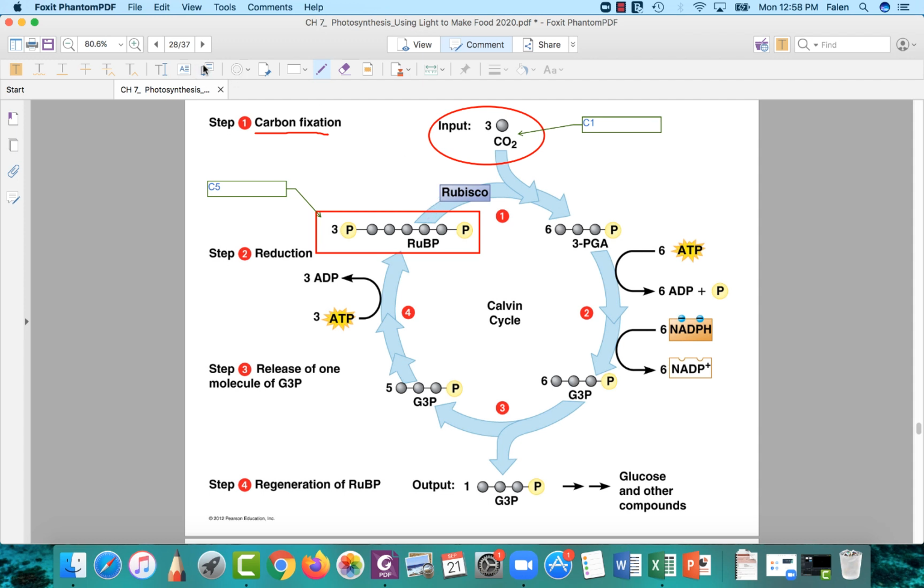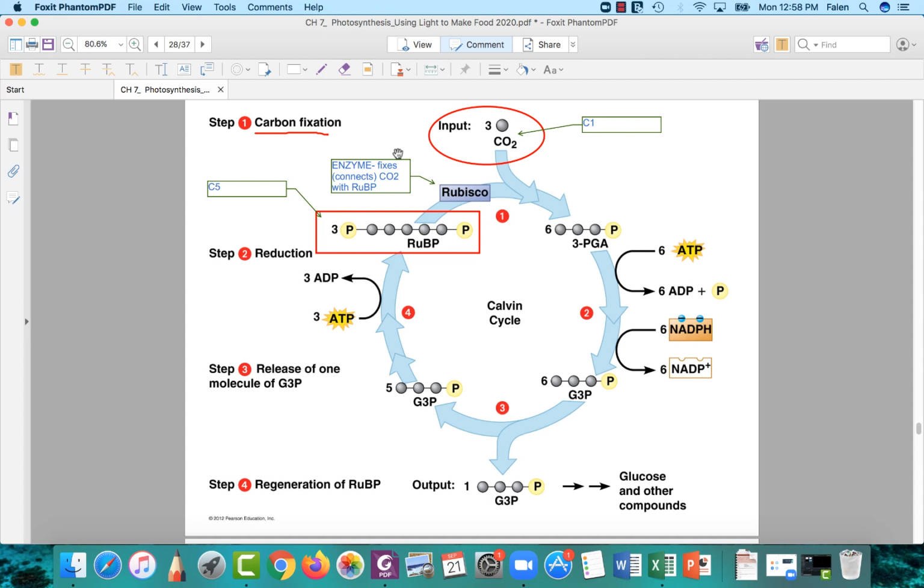We have an enzyme, this guy right here, Rubisco. Rubisco is an enzyme that fixes, or we'll say connects, CO2 with RUBP.